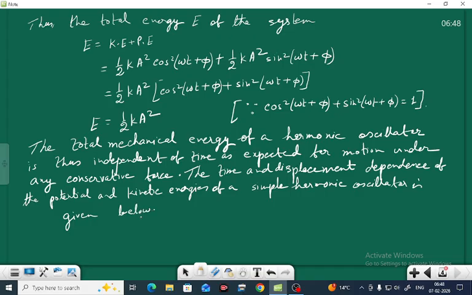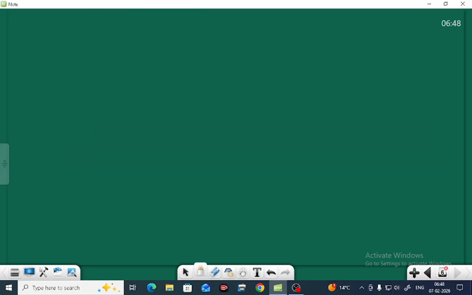So here we are going to draw the graph of kinetic and potential energy. We are drawing the kinetic and potential energy here.